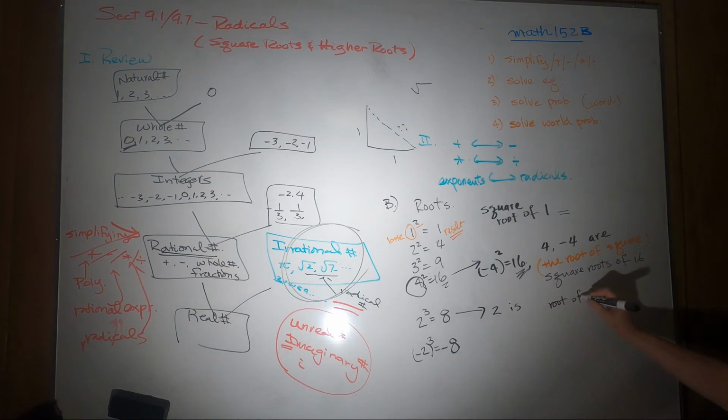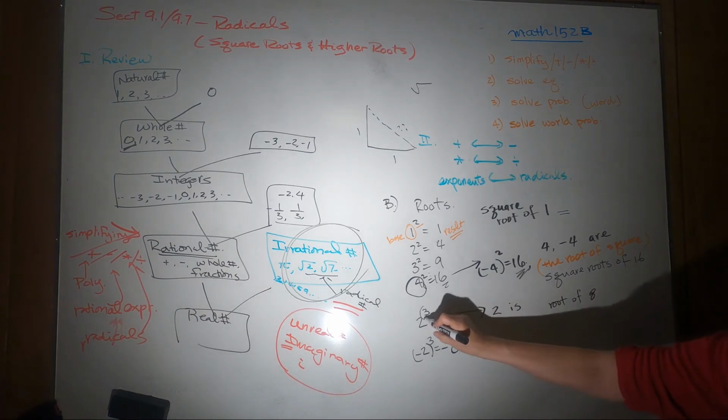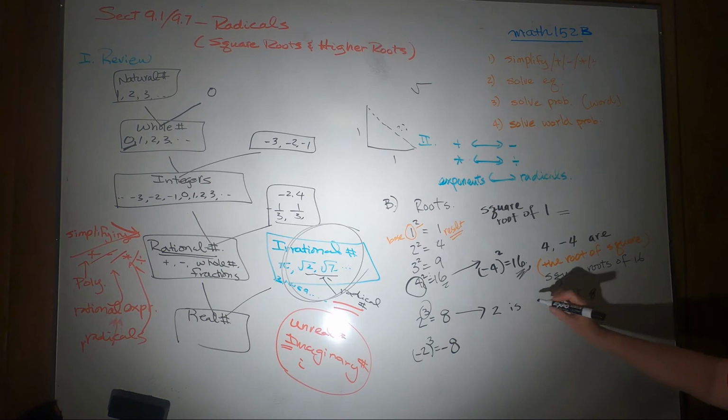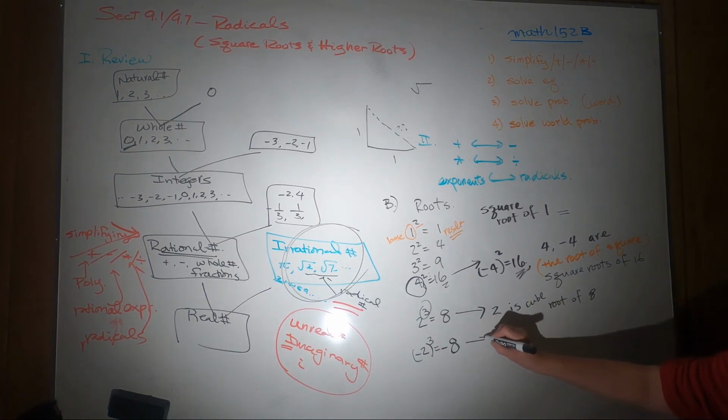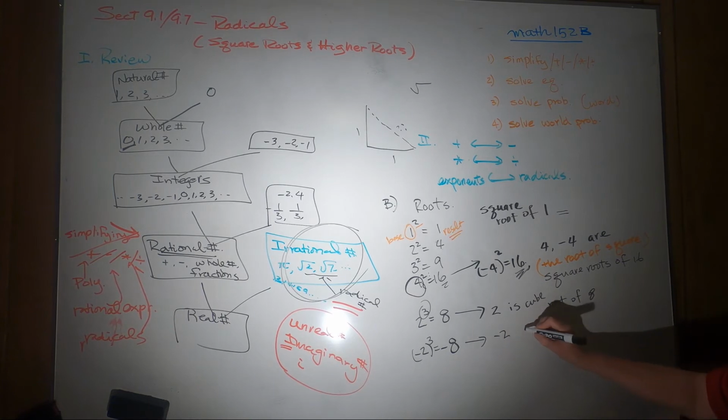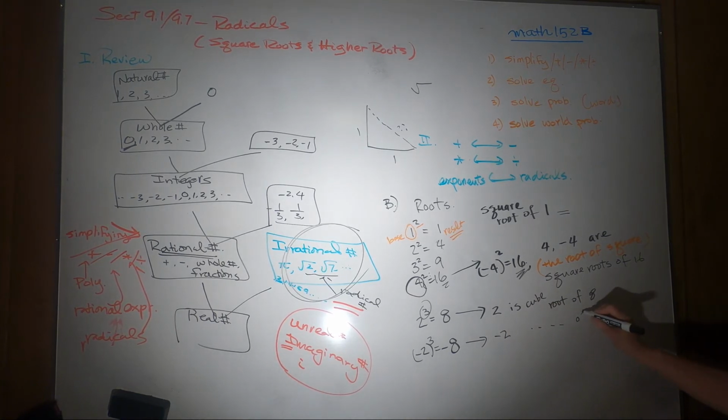So we'll say what? 2 is what kind of root of 8? It's a third power, right? So we say it is the cube root of 8. Because you take a cube, you get 8. Okay, we trace back what the root is. Then we say negative 2 is what? It's a cube root of negative 8.